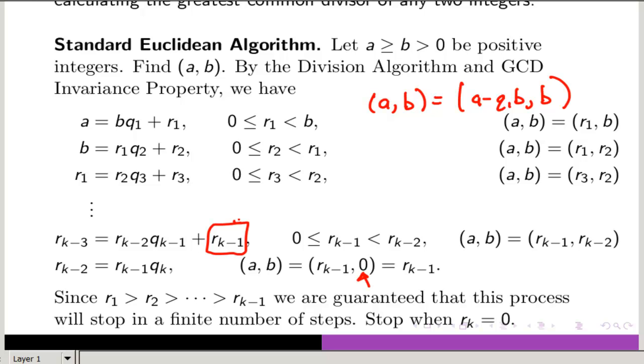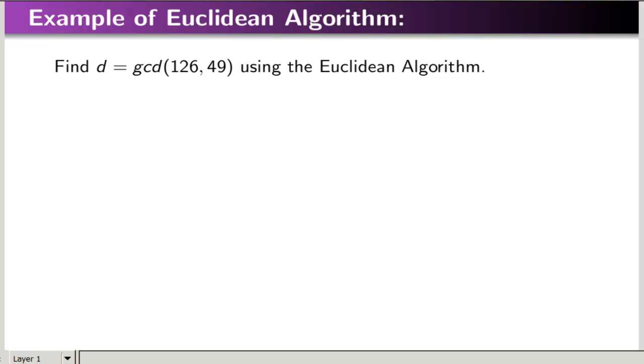So the GCD then is just the k minus 1 remainder, right there. We're guaranteed the process will stop in a finite number of steps because it's a strictly decreasing sequence. Okay, let's do an example.